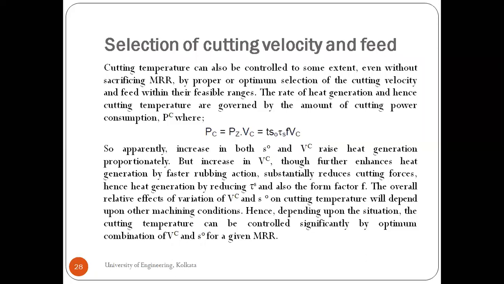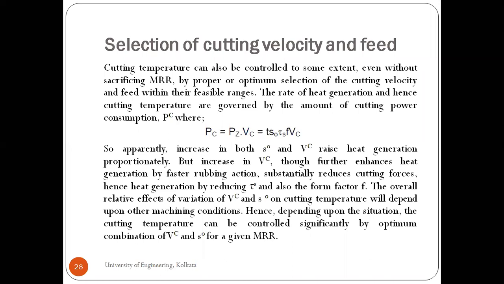However, see in this equation, both are directly proportional, right? So if you increase the cutting velocity, what exactly happens is a faster rubbing action takes place, right? However, in that case the cutting forces are reduced.